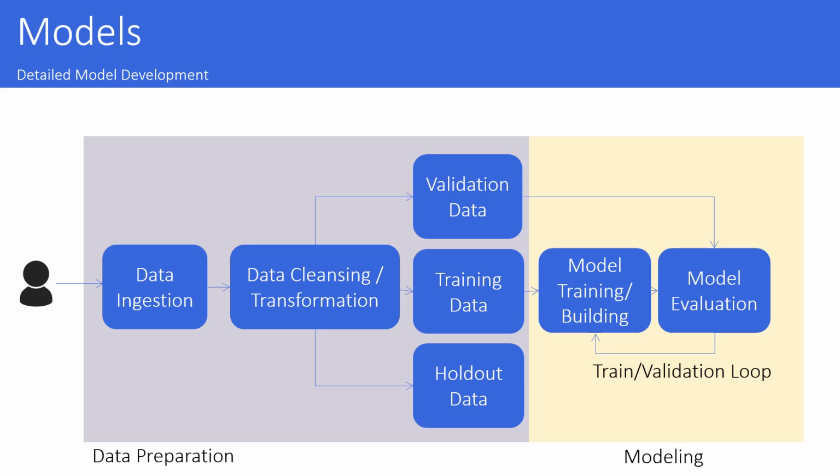The training data is used to train the model. The validation data is then applied for evaluating this model. At this point, you might modify some parameters and run the loop again to see if the performance increased. The holdout data is applied only once for a final test if the model really works.